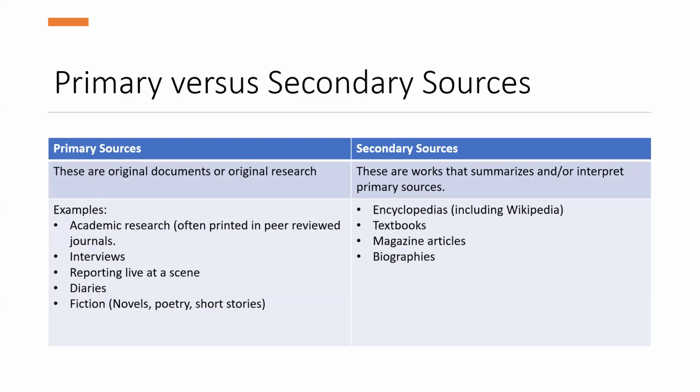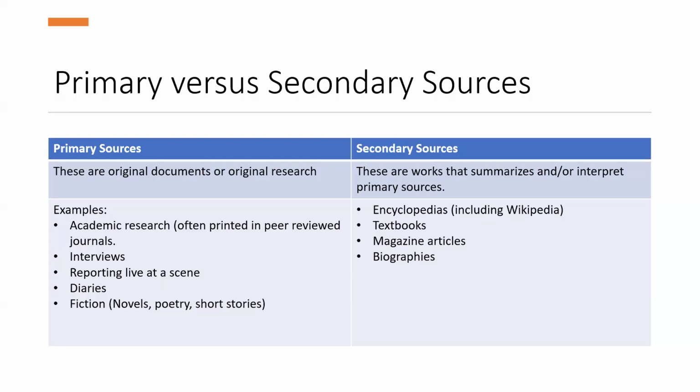Primary sources are created by the person who actually did the experiment. Usually they publish the results in academic research journals, and before they can publish their work, other experts in the field scrutinize it and make sure it's done properly. So they tend to be more trustworthy.